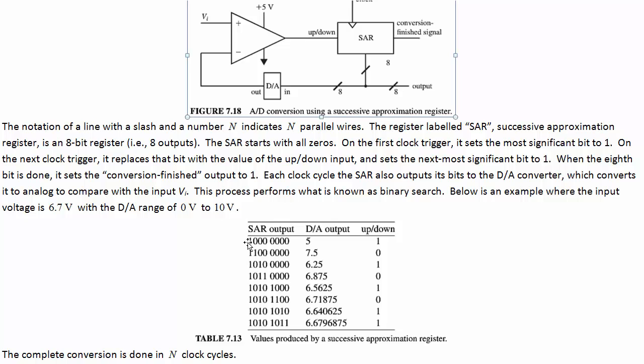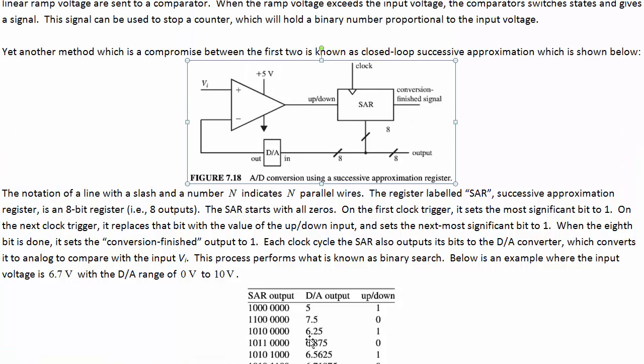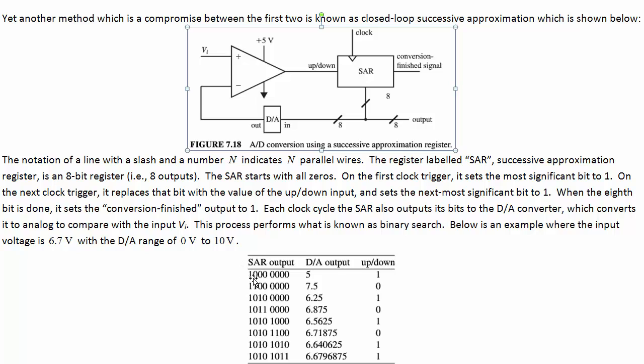Now, as it leaves each bit, it decides whether it's going to leave the bit a 1 as it was set or drop it down to a 0 based on what the comparator is at that time. So first it just sets this to a 1, doesn't look at anything. Now the comparator outputs a 1. So as it moves to the next bit, it leaves the first one a 1. Then the comparator outputs a 0, meaning that it's lower than 7.5.